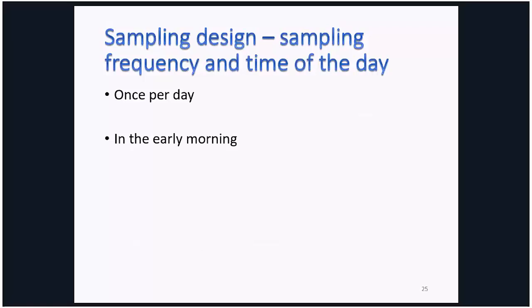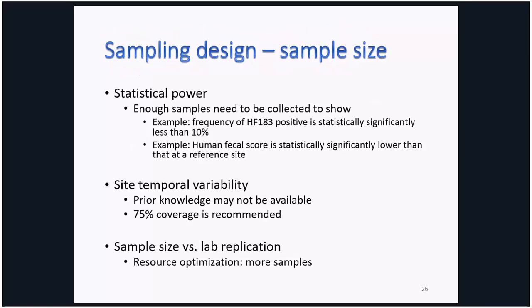Now, how many samples do you actually need to demonstrate that your site has little human contribution? You need to have enough sample size such that you have sufficient statistical power to prove your human contribution is low enough. For example, you take a bunch of samples from a site. If you were using the frequency interpretation, you calculate that 9% of your samples were positive for HF183. But remember that the 9% is not a point, right?